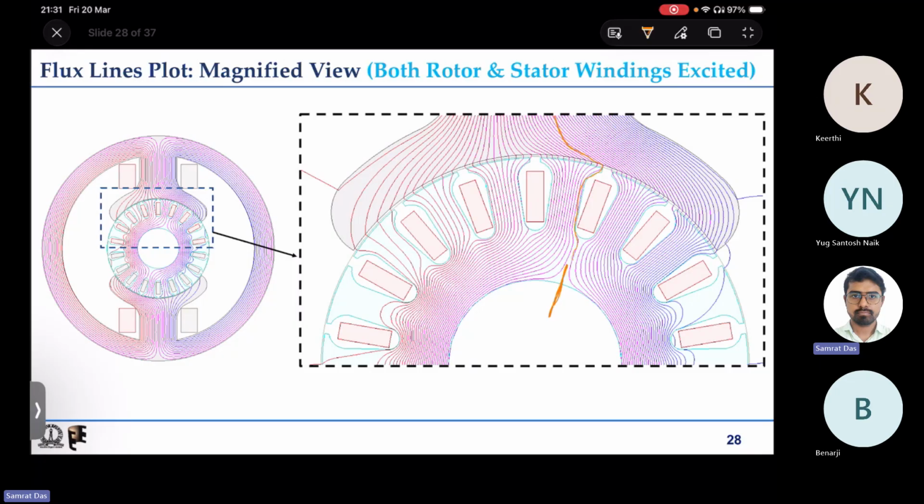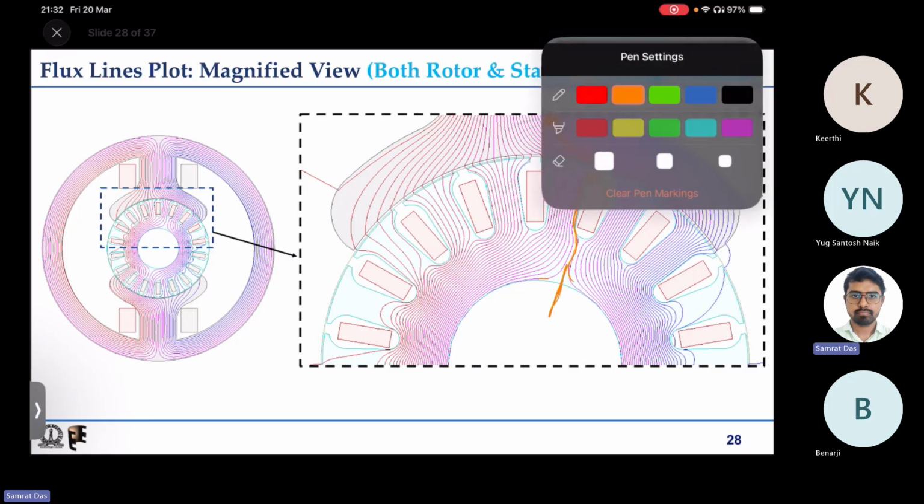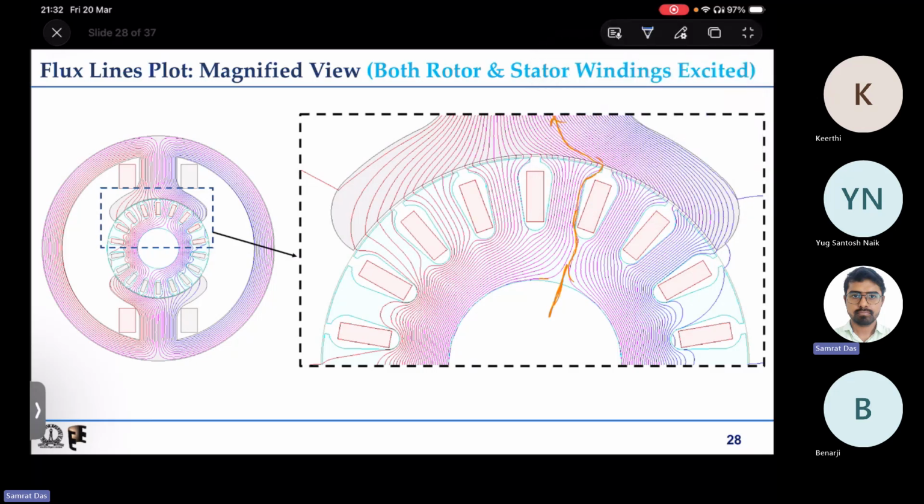This particular flux line flows like this, which is on one side of the axis, and the next flux line, just on the opposite side of the axis, flows also like this, and then it bends like that.